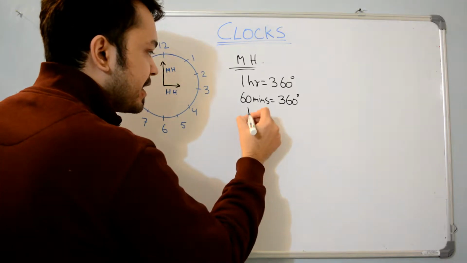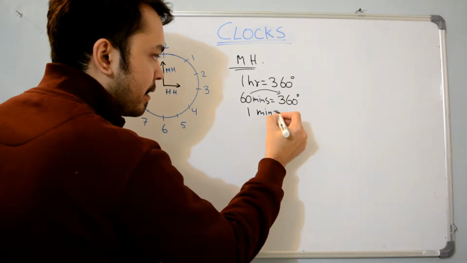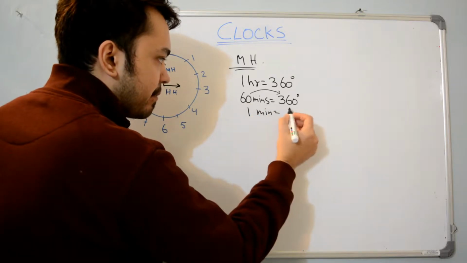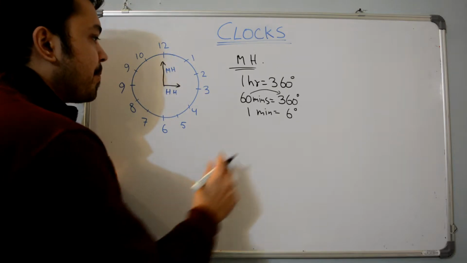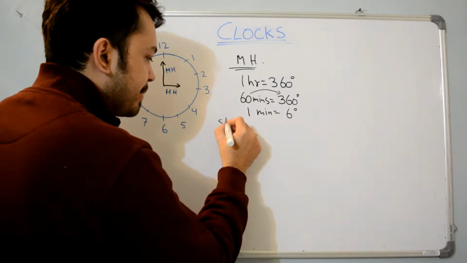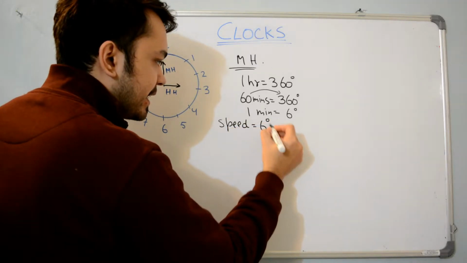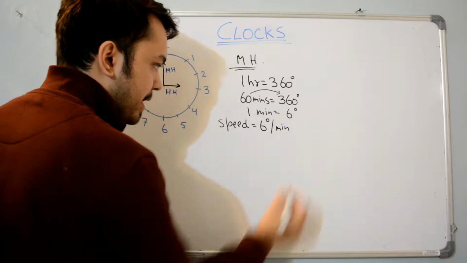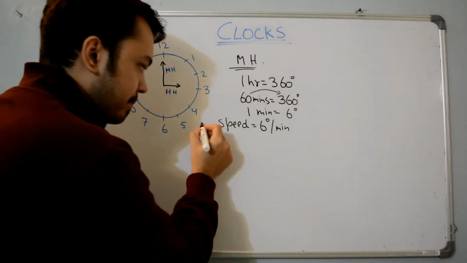So which means, now taking this to the other side, 1 minute is equal to 360 divided by 60, which will give me 6 degrees, right? So now I have found out that my minute hand has a speed of how much? 6 degrees per minute, that it moves 6 degrees in 1 minute. Clear?